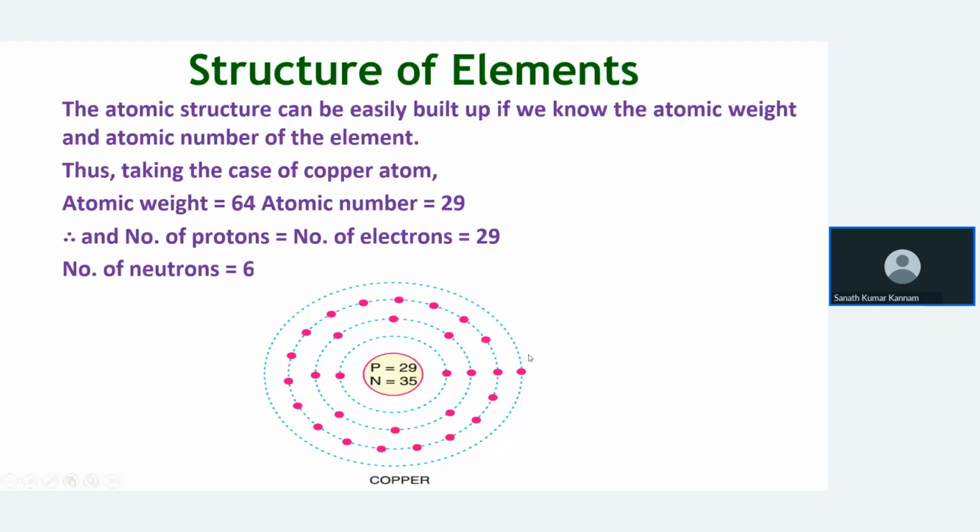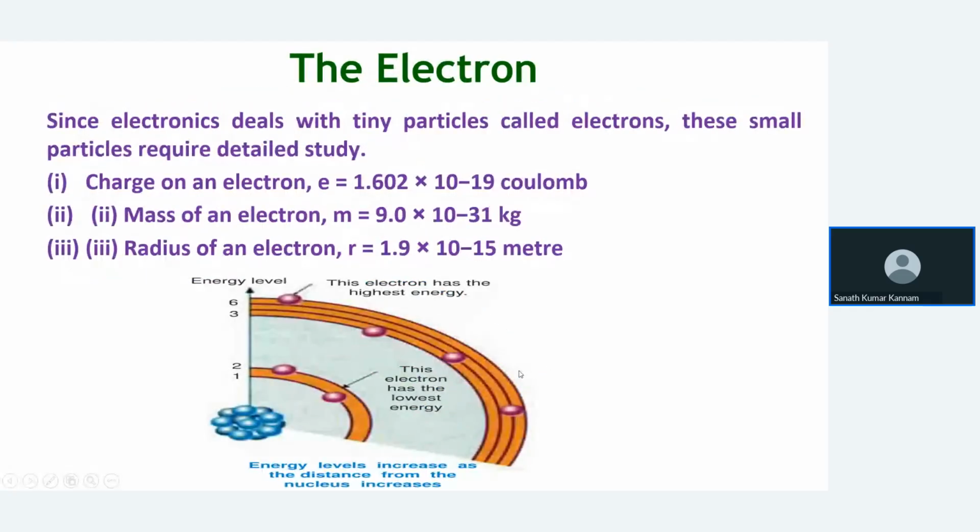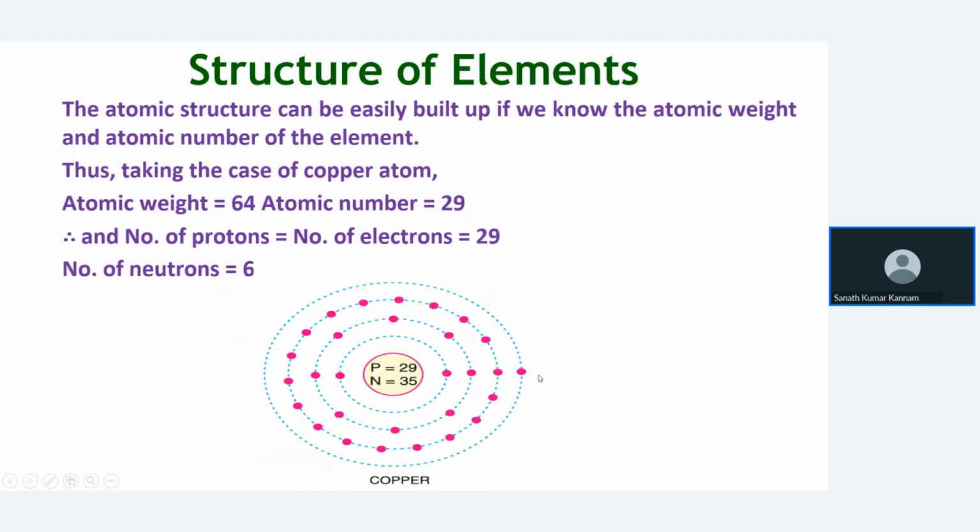If you take the valency, in the first orbit there are two electrons, in the second orbit 8 electrons, in the third orbit 18 electrons, and in the fourth orbit only one electron.